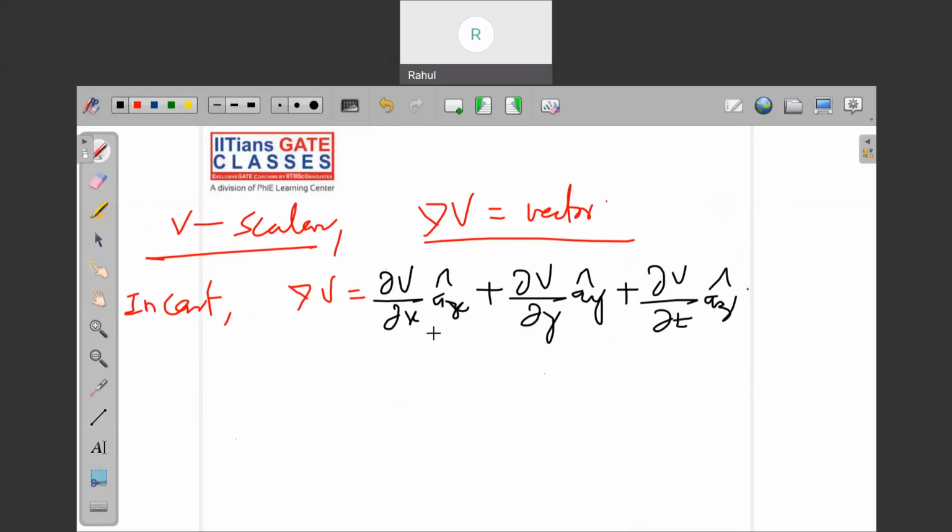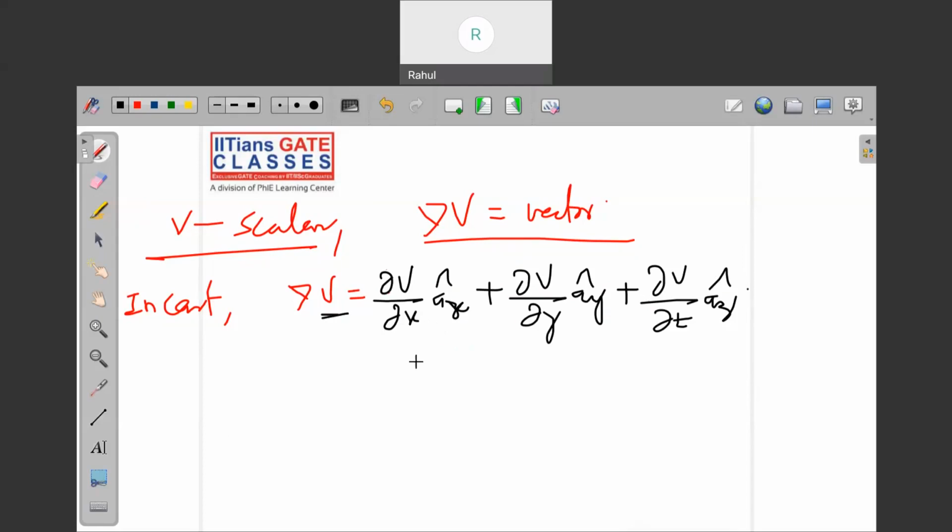In order to capture the variation of potential in all directions, I am going to use the gradient operator.